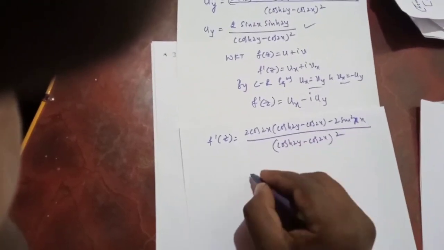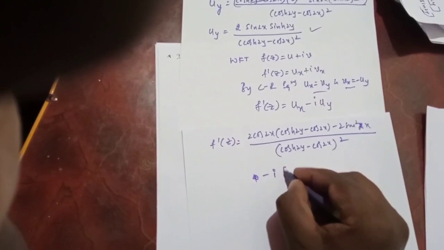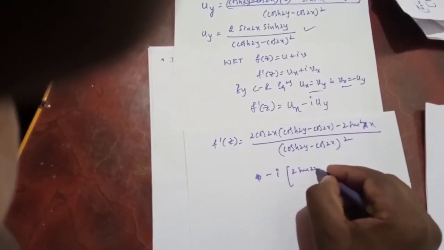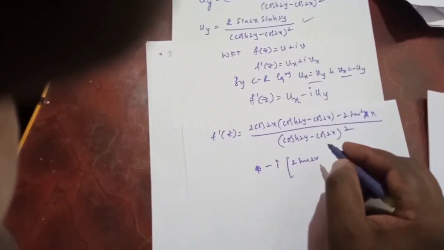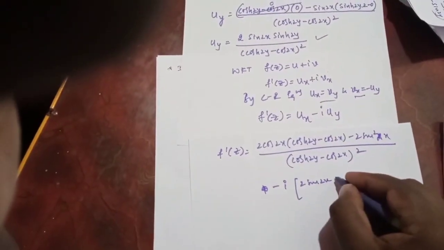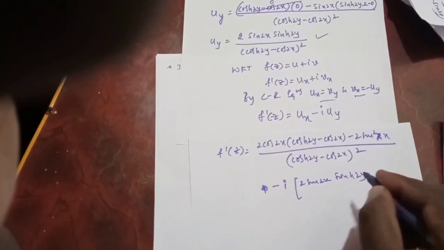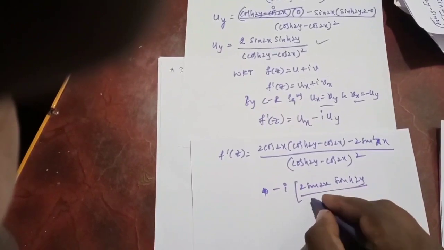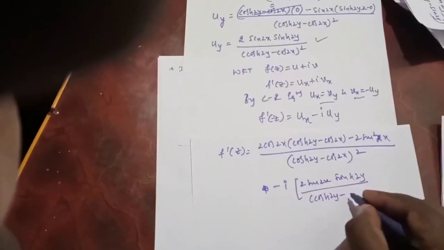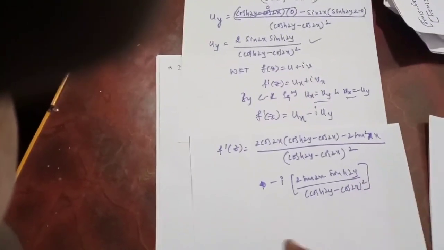This is our u suffix x. Minus i uy is 2 sin 2x sin hyperbolic 2y divided by cos hyperbolic 2y minus cos 2x whole square. This is our u suffix y.